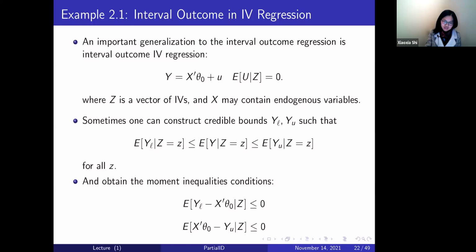Here, instead of a regression model, we have an IV regression where some of the X variables might be endogenous, but the error term U is mean independent of an instrumental variable vector, Z. Again, Y is not perfectly observed, but we have some credible bounds, YL and YU, that bound Y at least in conditional expectation. Then we can construct these moment inequalities as well using YL and YU.